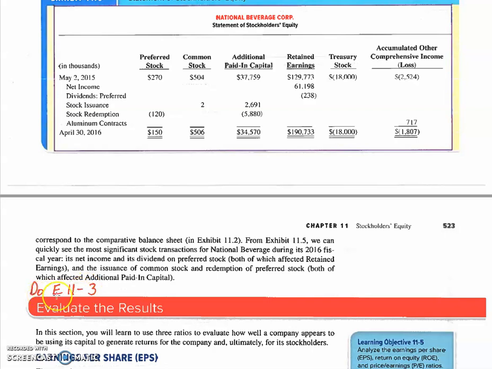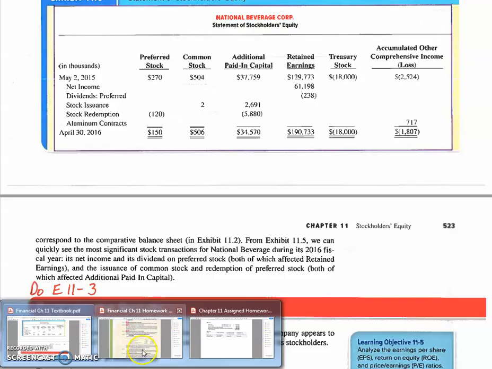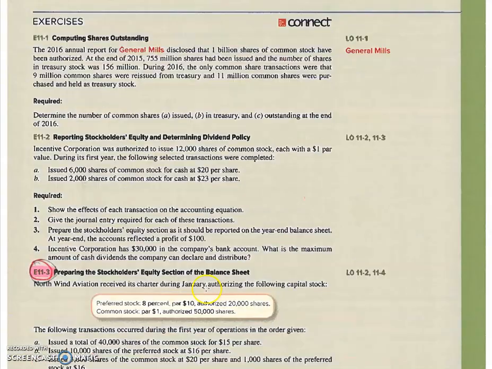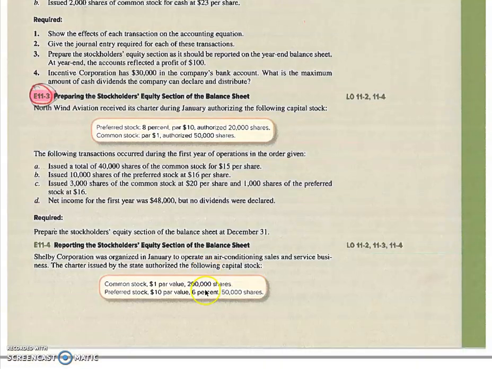Okay, so we have exercise 11.3. Right here. So Northwind Aviation received its charter during January, authorizing the following capital stock.